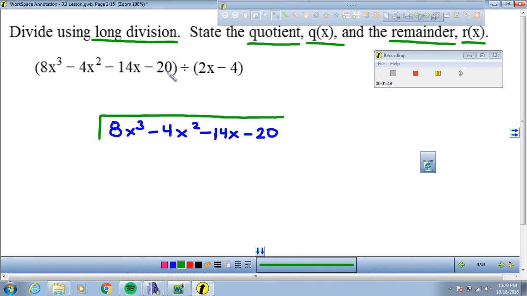So if you check, your exponents are in decreasing order and in consecutive decreasing order: 3, 2, then a 1 here even though we don't see it, and then 0. So 3, 2, 1, 0, that's perfect, that's what we want.